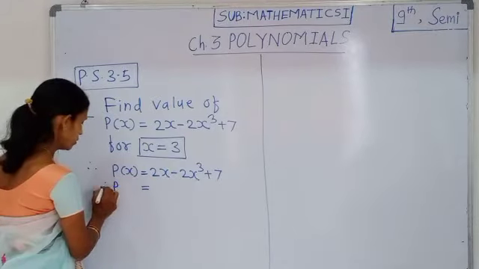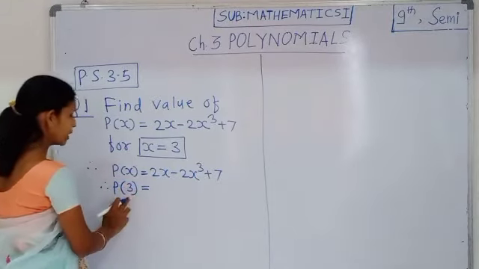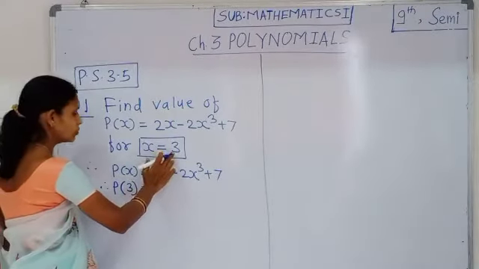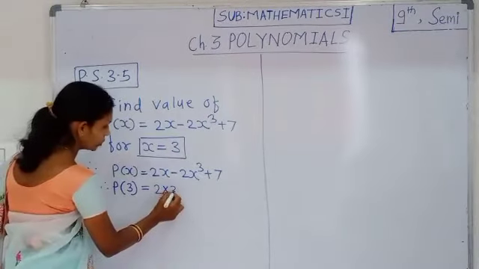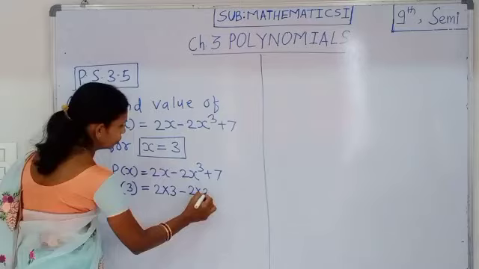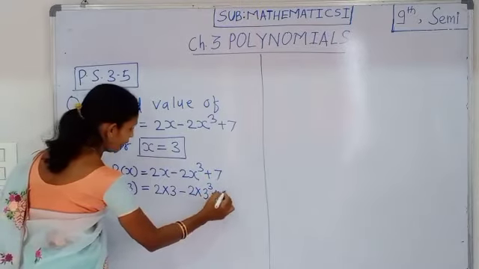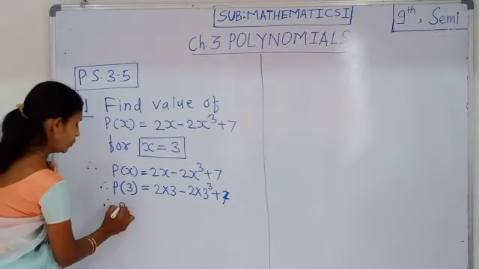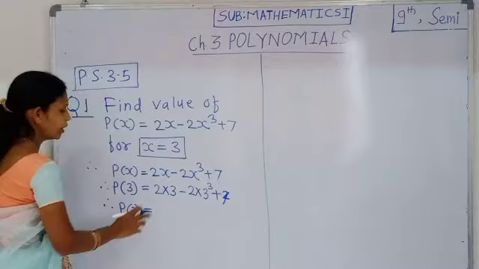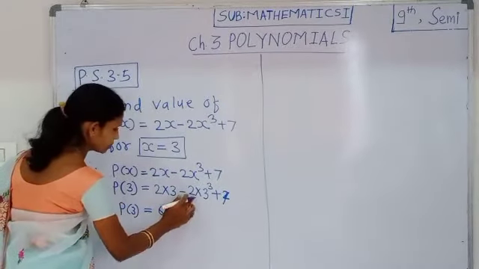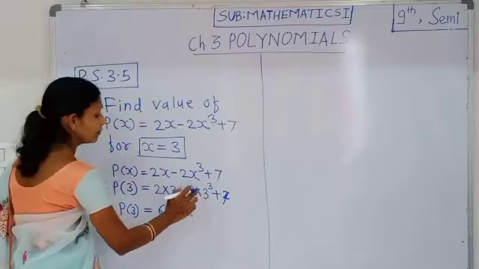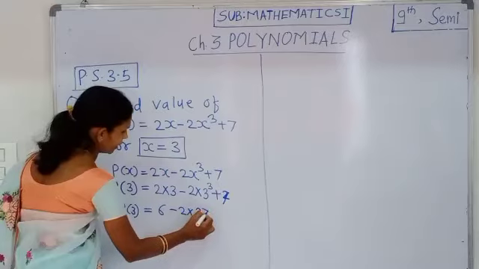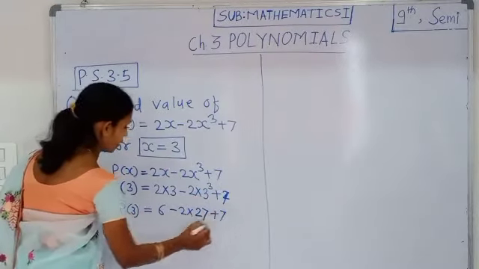Therefore p(3), the value of this polynomial for x equals 3, is 2 into 3 minus 2 into 3 cube plus 7. That is 3 into 2, 6, minus 2 into 3 cube, that is 27, plus 7.